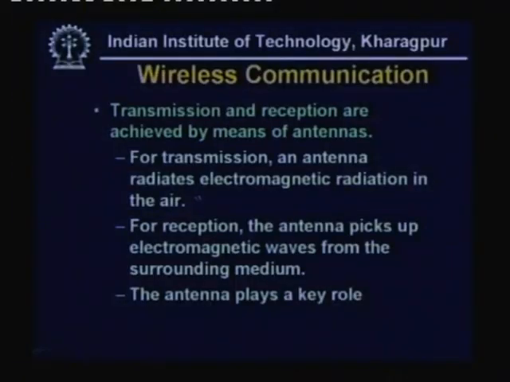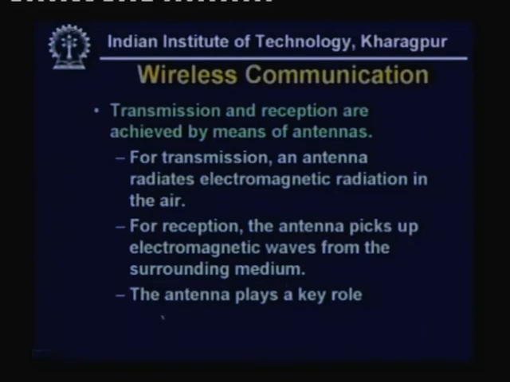For transmission, we require an antenna that radiates electromagnetic radiation in the air, and for reception we require another antenna that will pick up electromagnetic waves from the surrounding media.